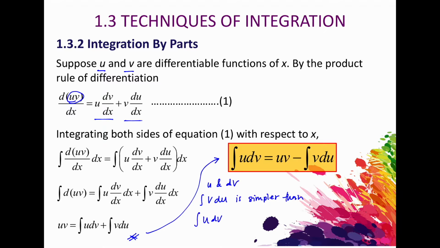That's why in the formula we can see that the original question becomes the integration of u dv, and then after doing the by parts, we get on the right hand side the integration of v du, because v du is simpler, so that we can integrate it compared to the integration of u dv.